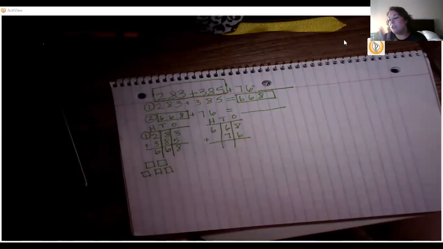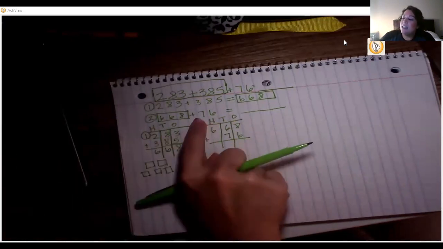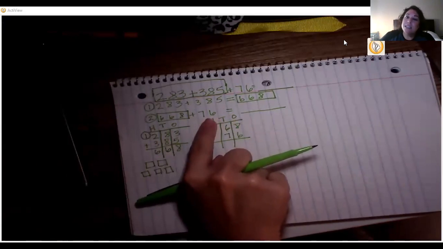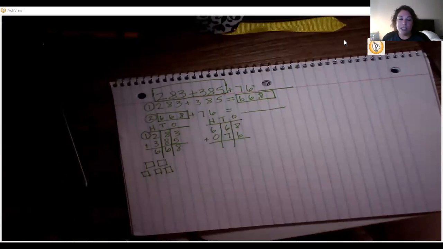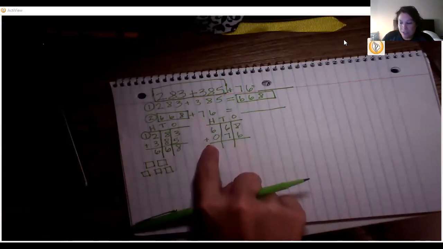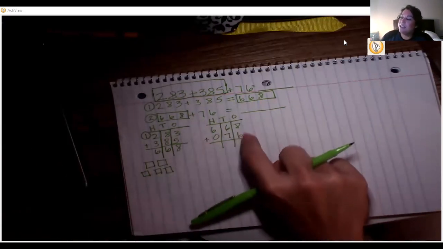Now, if you have a little problem getting confused on what goes where, a good idea to do is to say, well, this number has 0 hundreds. I'm just going to put a 0 right there so I can keep my place value straight and make sure everything looks good. Now, I'm going to double check. Yes, I am doing addition. So 8 plus 6.